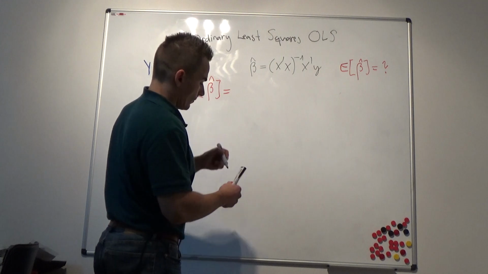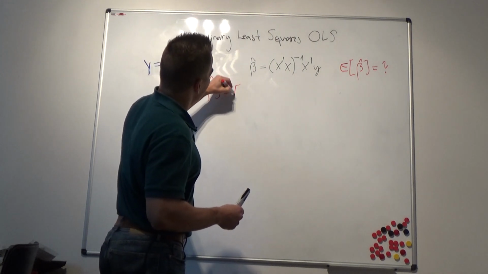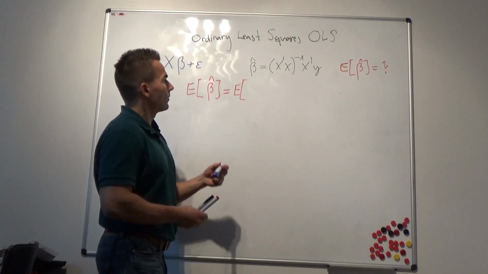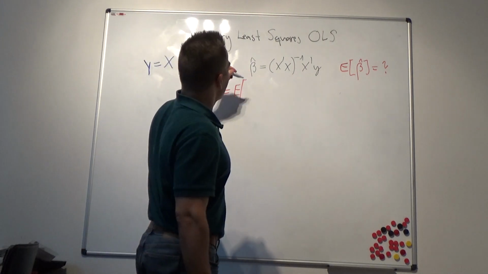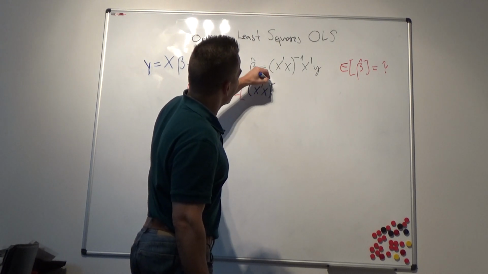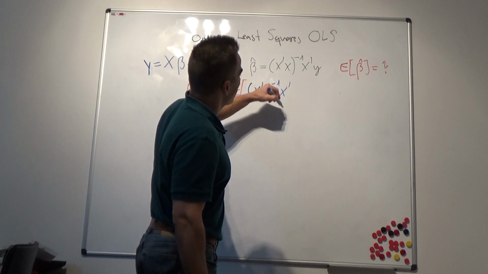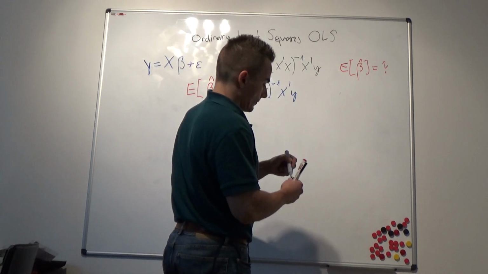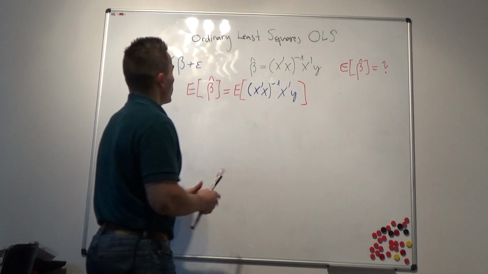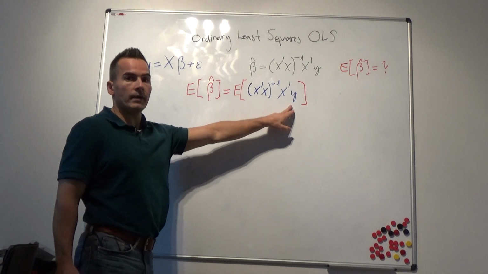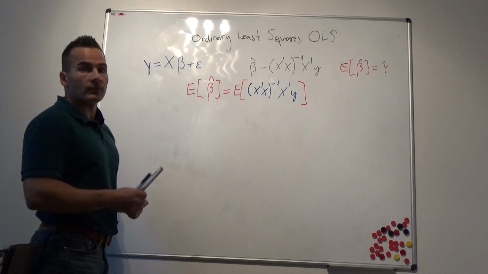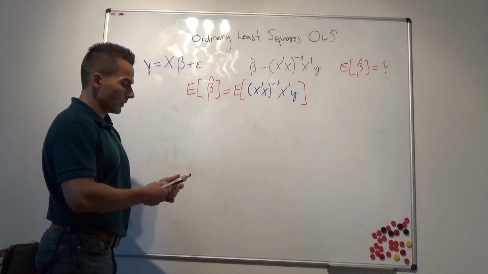Well, we can just put in what it is, namely what we have here, x transposed x inverted times x transposed y. And we know what y is, because y is obviously given by x times beta plus epsilon, which is our residual vector.